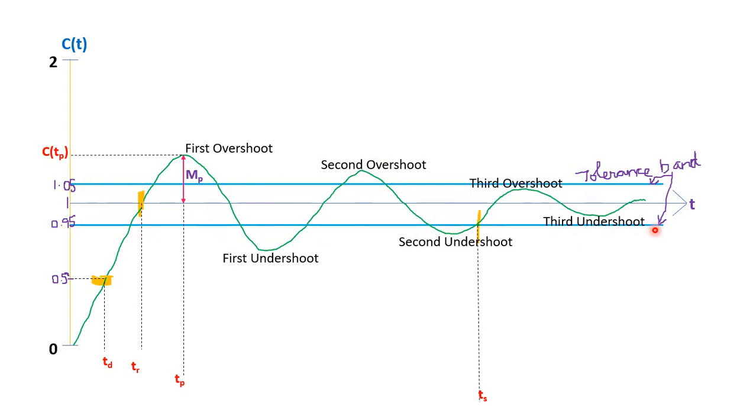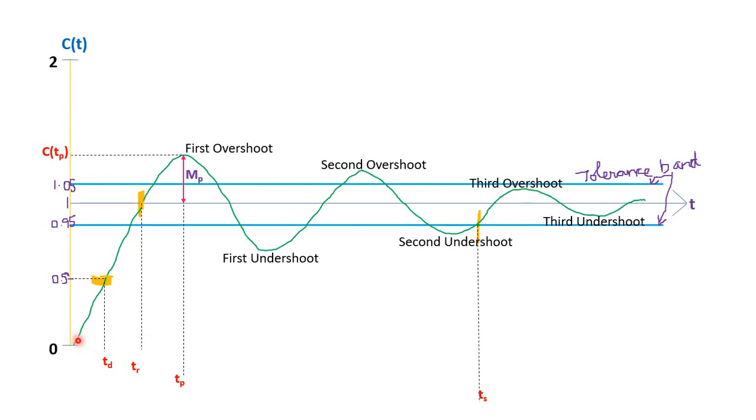So the first time domain specification is delay time. This is Td, delay time. Delay time is the time taken by the system response to rise from 0 to 50%, that is 0.5 of the final value, in the first attempt. So whatever time it takes in the first attempt to rise from 0 to 50% is the delay time.